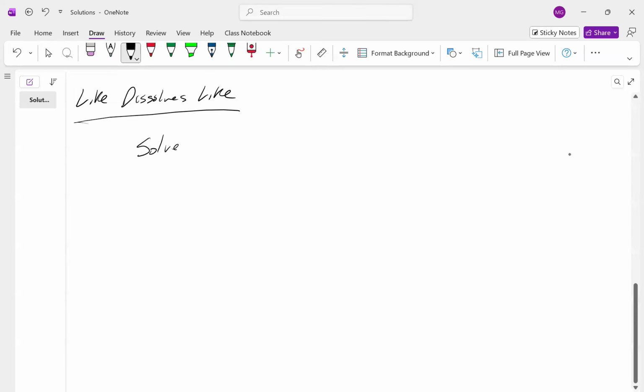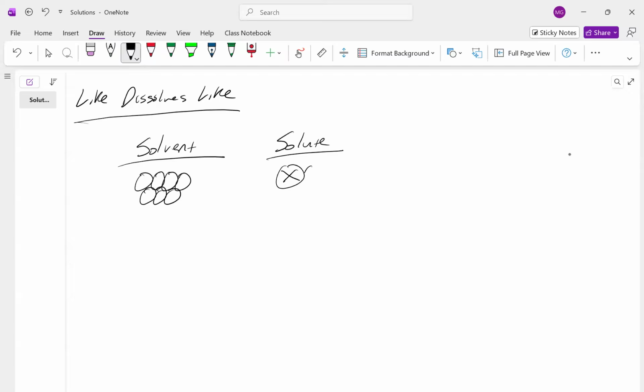So let's imagine we have a solvent and the solvent molecules are close together. And we have a lot of solvent molecules because that's the major component. And we're going to take a solute, and I'll just use the circle and the X there to represent the solvent molecules.